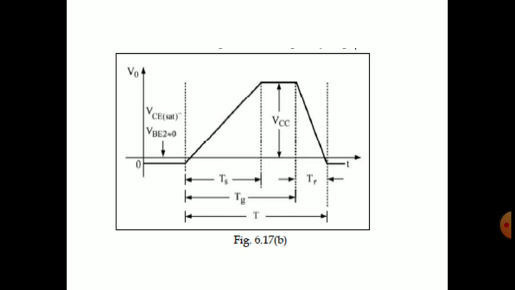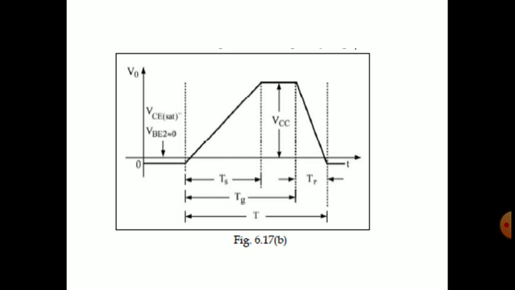Here, observe, we have sweep time, that is TS, in which voltage varies linearly with time. For TS, the voltage reaches a saturation point, which will remain there up to TG, that is the gating time.